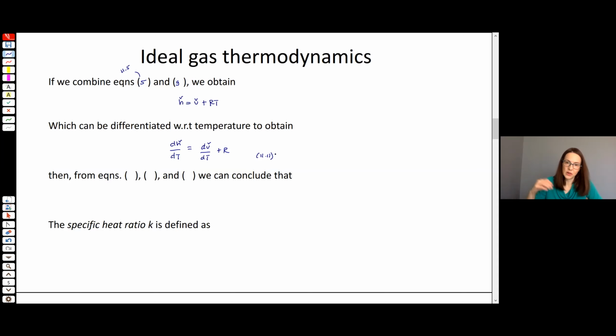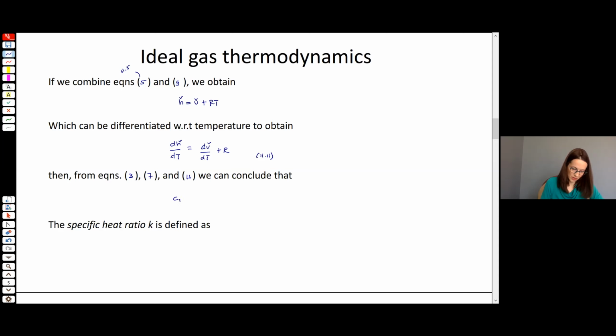Now, if we consider equations 3, 7, and 11 that we just wrote down, right? Equation 3 is the definition of the specific heat at constant volume. Equation 7 is just our expression for our enthalpy, and 11 is what we just wrote down.